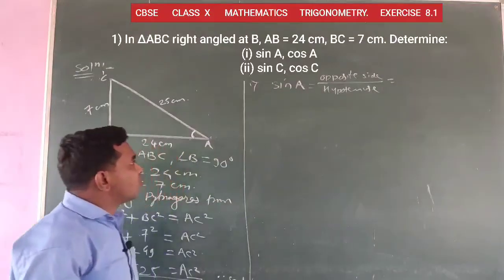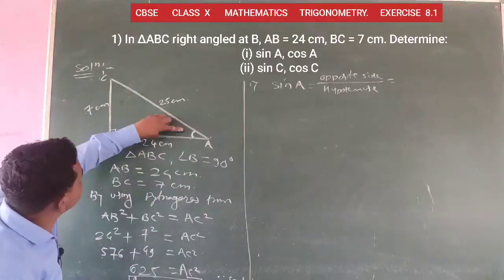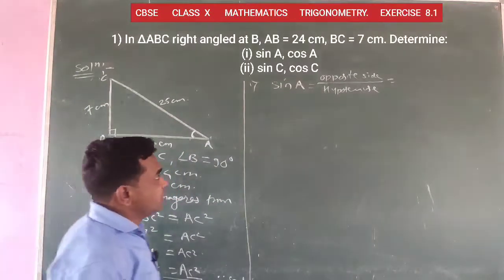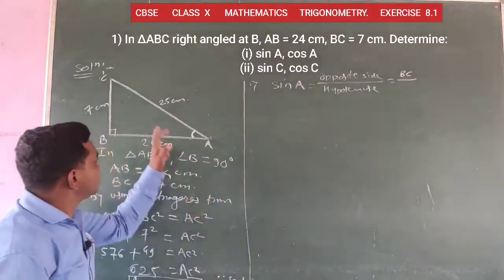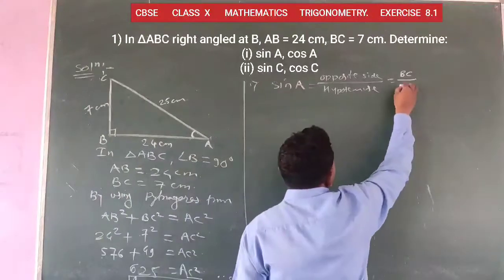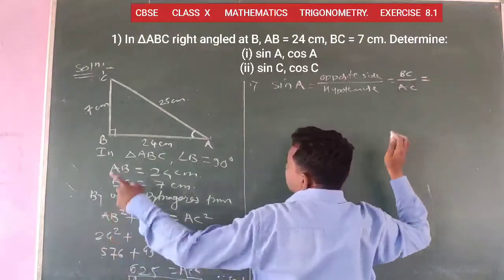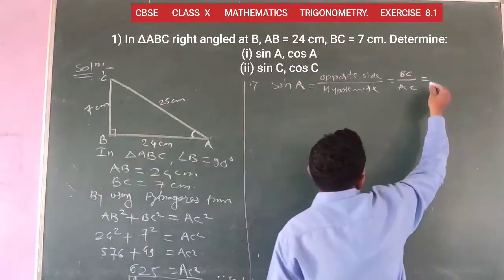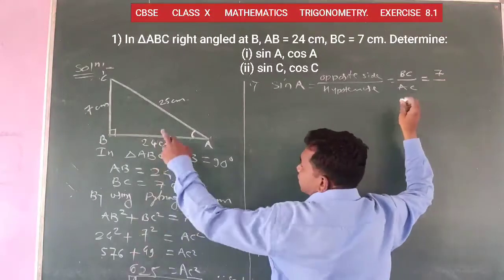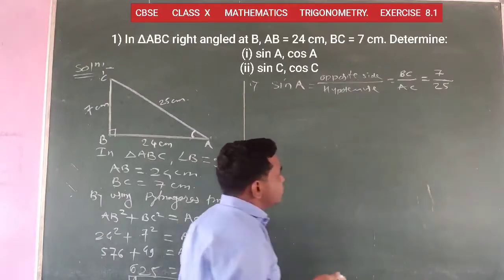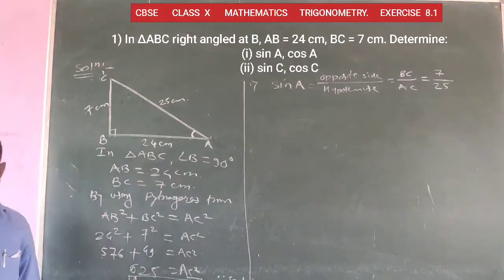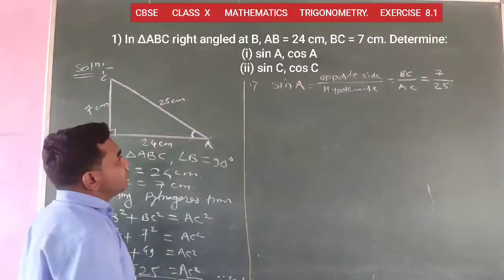Which one is the opposite side to the angle A? Opposite side is BC, and hypotenuse is AC. So BC upon AC, where BC is 7 and AC is 25. So the answer is sin A is equal to 7 upon 25.